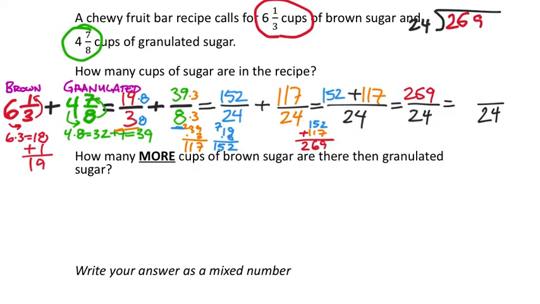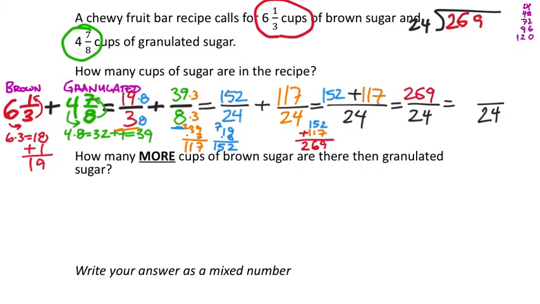So let's look at the multiples of 24 again. I know we've seen them already. 24, 48, 72, plus another 24 is 96, another 24 is 120.